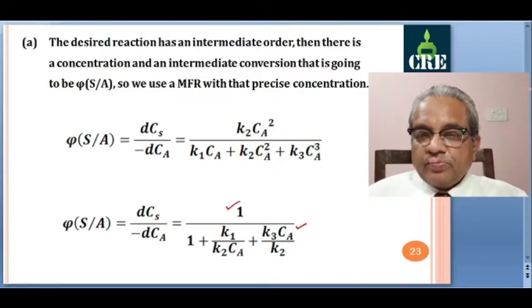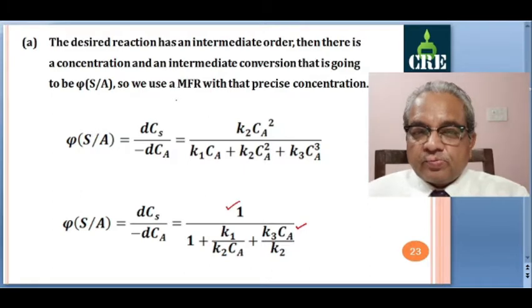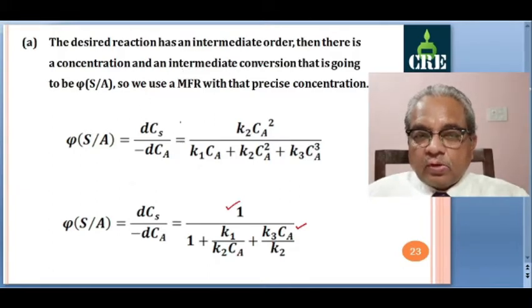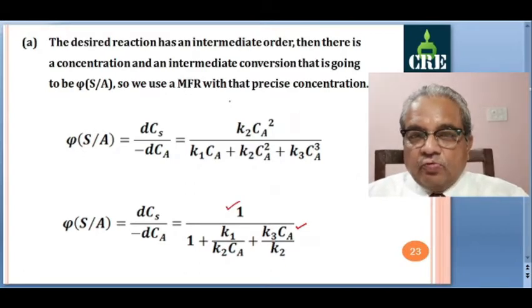So it is having contradictory things both. So we cannot finalize on deciding about the concentration. So intermediate conversion will decide, and we will use a mixed flow reactor where there is an immediate drop in concentration.